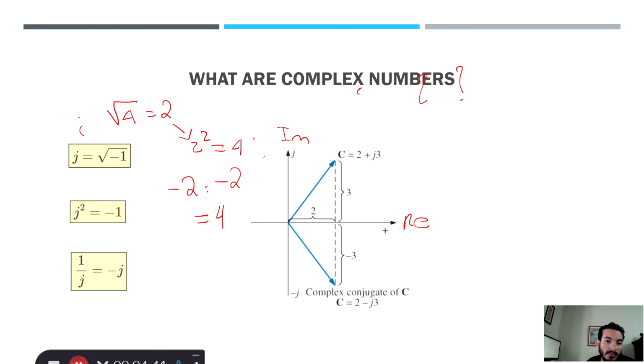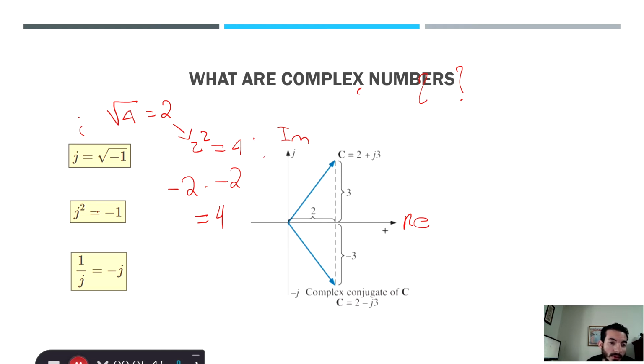However, mathematicians said, well, let me just play with this quantity and see what happens. They said, let's say that j is a complex value that stands for the square root of -1, and then apply the regular rules of mathematics, where j squared is equal to -1. It's called complex or imaginary because in real numbers it does not exist.